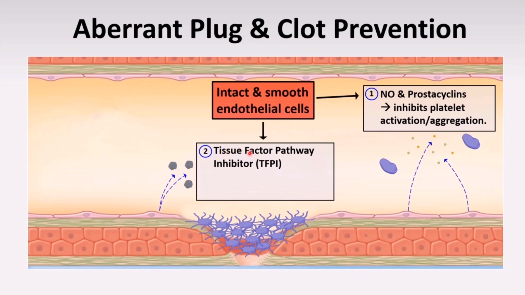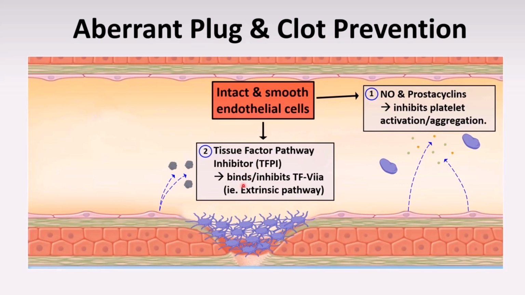And if you recall from your coagulation cascade, the tissue factors are there to activate your factor 7. And that is essential for the activation of the extrinsic pathway. So with the release of TFPI by your intact endothelial cells, TFPI will be able to bind and inhibit your extrinsic pathway. And that will make sure that clot doesn't happen when there are intact endothelial cells.